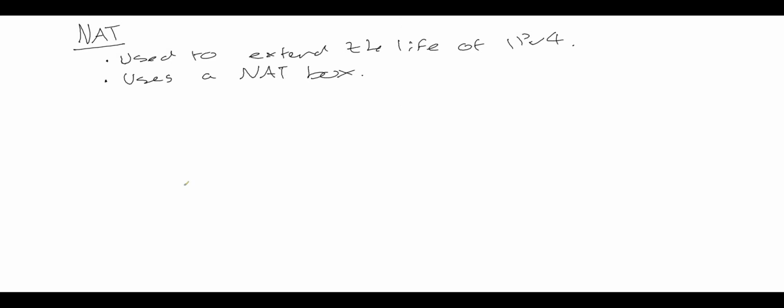So in principle, what happens is that a company, an organisation, a home or some other private network is allocated a single IP address for traffic that's being sent over a public network like the public internet. And then devices on that network use private IP addresses for communication internally, and NAT is used to translate those private IP addresses into the single public address.